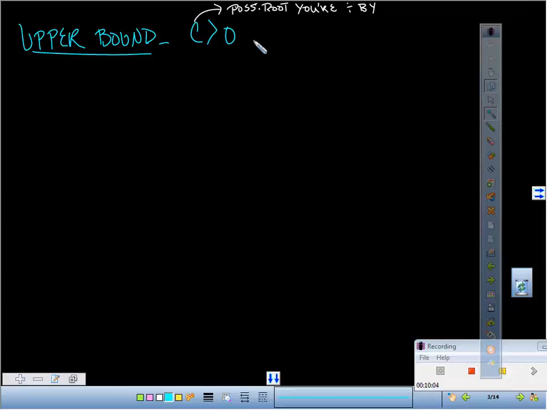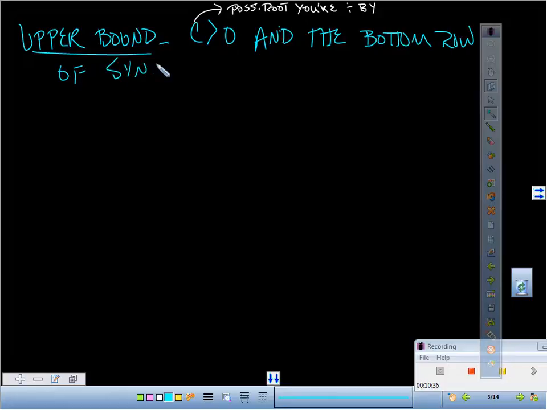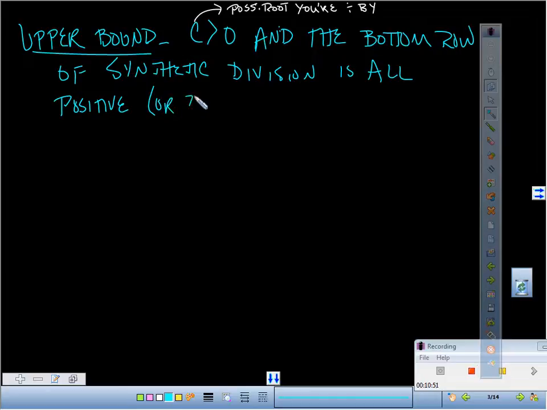So C is greater than 0, and the bottom row of synthetic division is all positive or zeros, because zeros, you're fixing to learn, go either way.